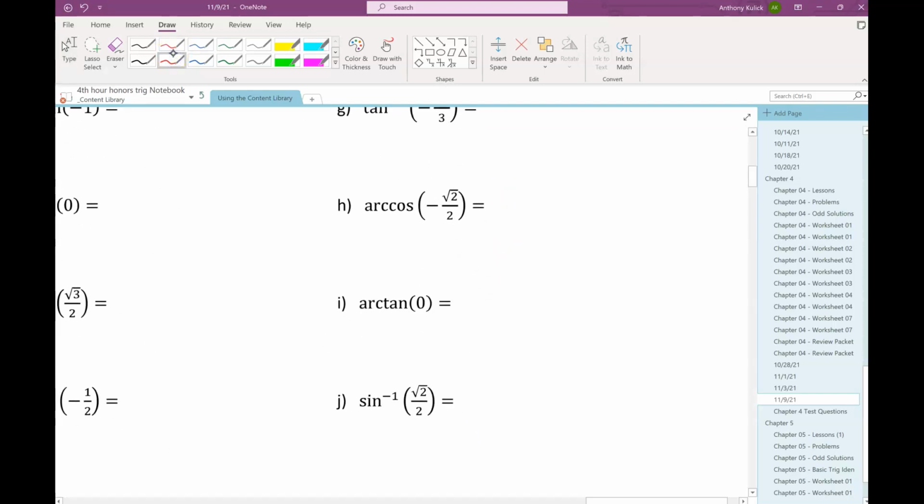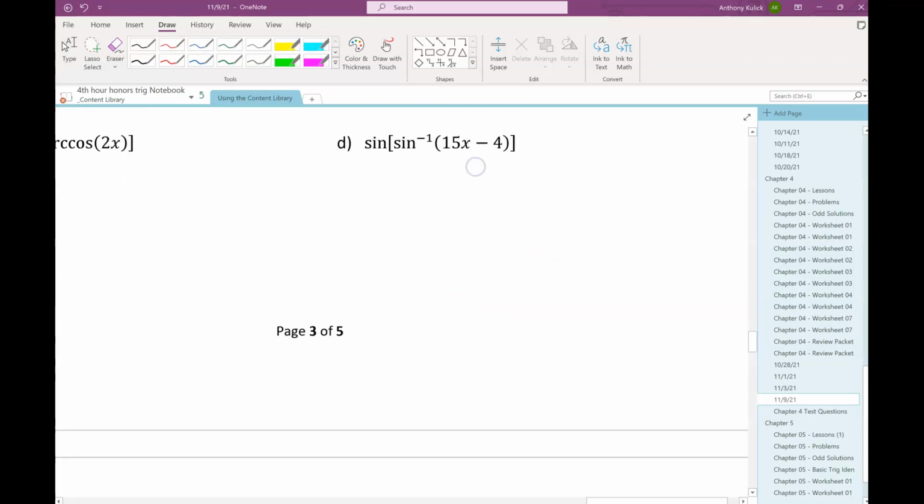The first thing I'm going to do for problems like this, where we're not given a range for theta, is use the fundamental ranges for these inverses. For cosine, 0 to pi is the fundamental range. So all I'm going to do is go to my unit circle and look for where the x-coordinate is negative root 2 over 2 between 0 and pi.